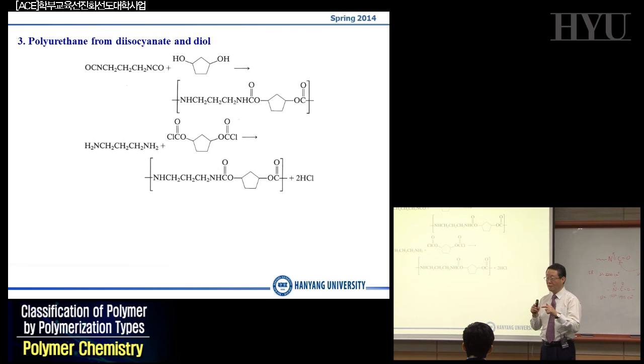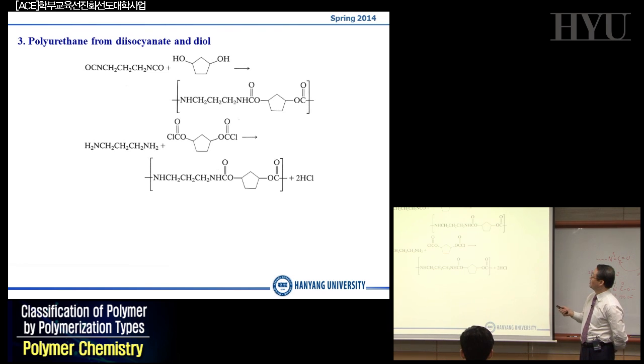If you want a flexible, leather or 쫄바지 type of polyurethane, then you need to have aliphatic chains between isocyanates. So for example, I think this one will be quite flexible. But if you have aromatic rings, benzene rings between these urethane bonds, then you can make a pretty hard and rigid polyurethane as well.